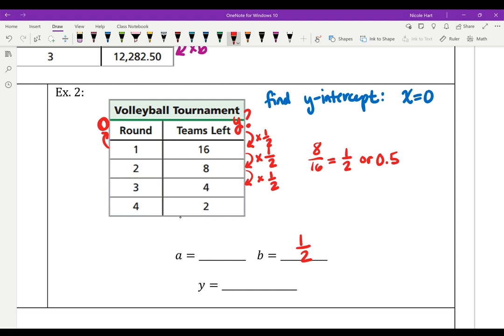And so I'm going to take the reciprocal, the flipped version of b, and multiply it to 16. So 16 times 2 over 1 will give us 32, which is going to be our y-intercept. So a is going to be 32. So our equation is going to be 32, parentheses 1/2, close parentheses, exponent of x.